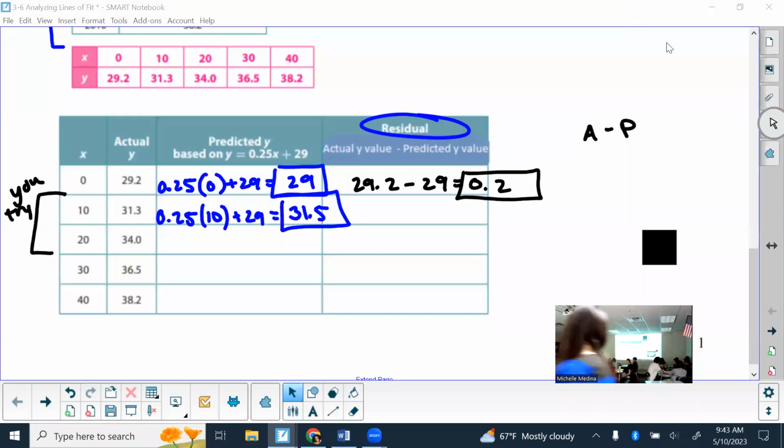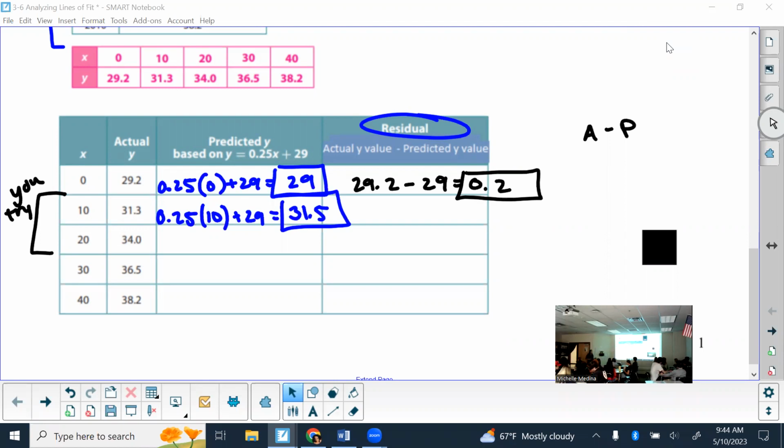All right, in table 2, what did you get for your predicted Y value when X is 10? Okay, that is what I also got. So good. It's a simple plugging in and calculating it. You just have to know what to plug into. So we're plugging in the input, which was 10, into our line of best fit. So according to the line of best fit, I should expect my data to be at 31.5.